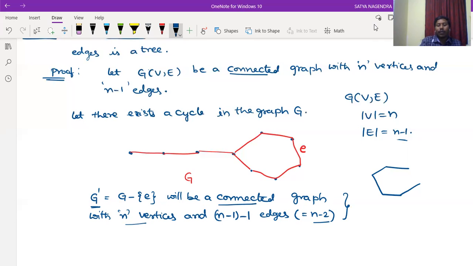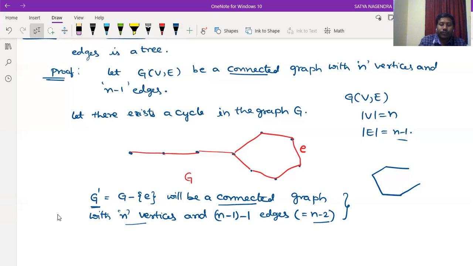Does there exist a connected graph with n vertices and n minus 2 edges? This point we all know and discussed when we discussed connected graphs. With a simple example, you can observe this point here also.